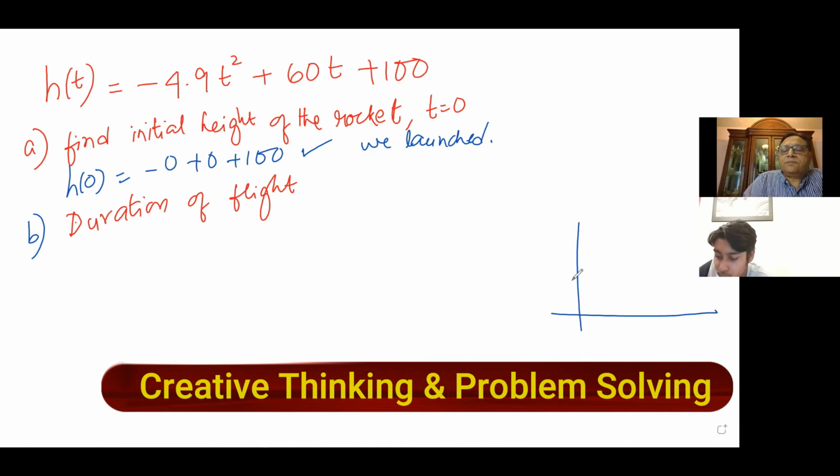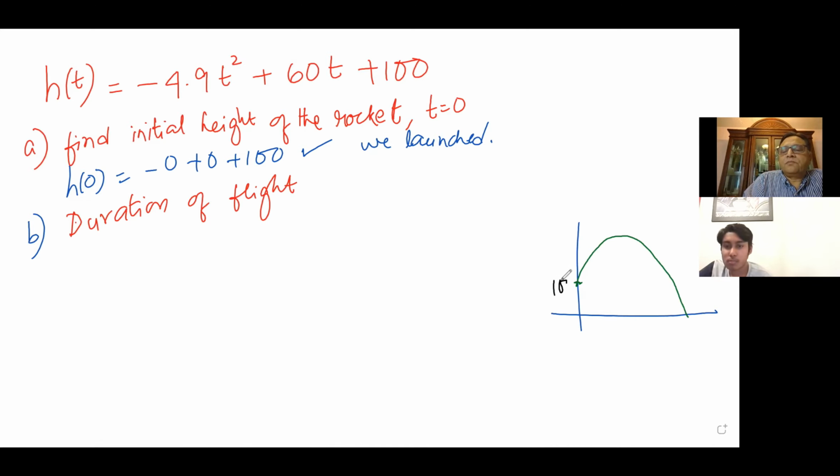So we know this point where it started, that is 100, and we need to find this point. So we want to find height 0. How do you find this? Well, we say 0 equals minus 4.9 t squared plus 60t plus 100, correct?